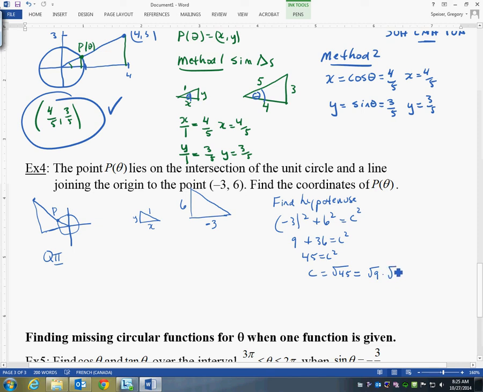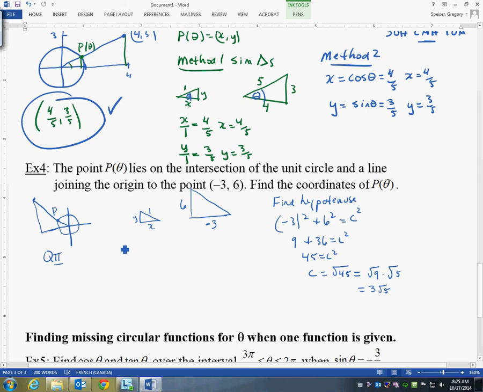First step is I'm going to break root 45 into two pieces, root 9 times root 5. And then root 9 is the same thing as 3. So in terms of proper math, this is 3 root 5, and that is a better answer because we're going to be able to simplify things later on.